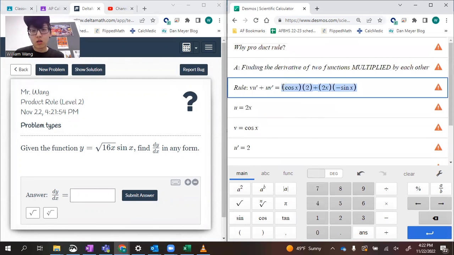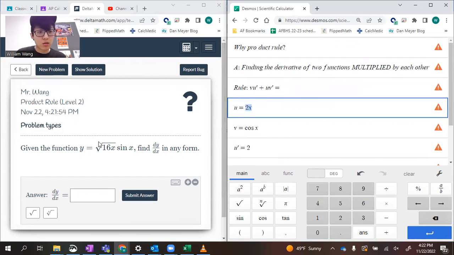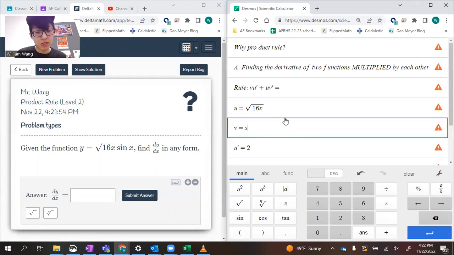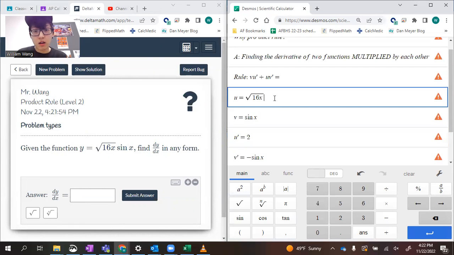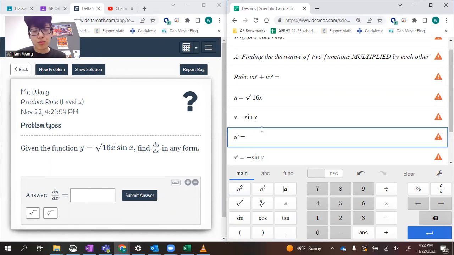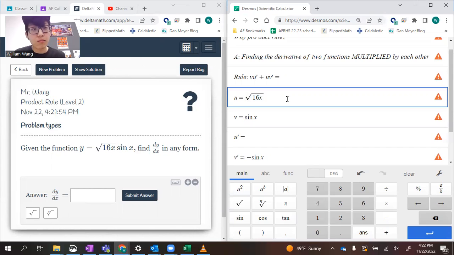So what is my u in this case? Well, it's root 16x. That's my u, and it's being multiplied by my v, which is sine of x. Now, what is my u prime? What's the derivative of root 16x? Well, remember, I can't do the derivative of square roots, right? So I have to simplify this somehow. So this simplifies, square root of 16 is 4.